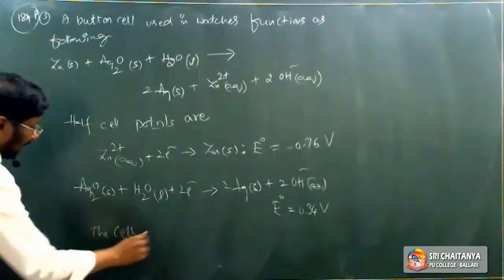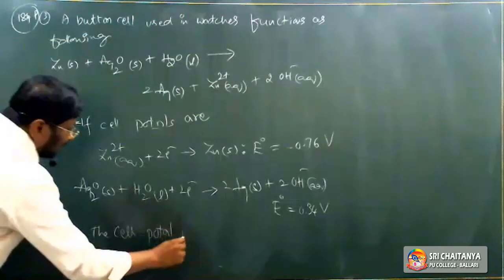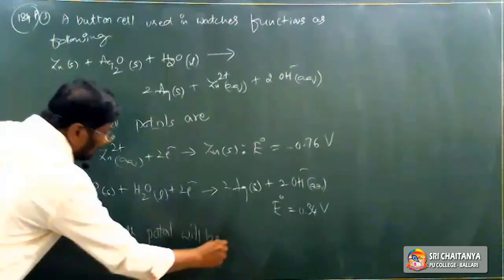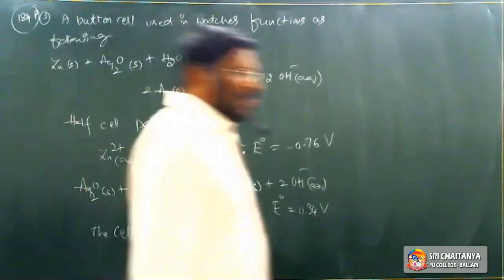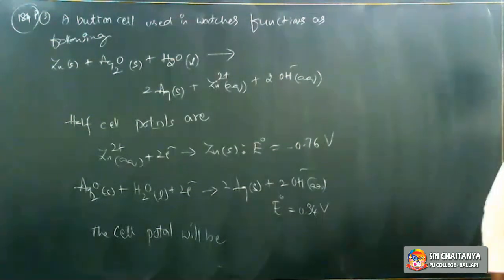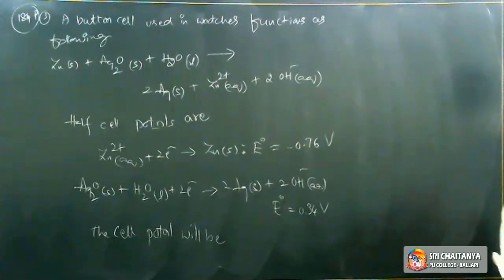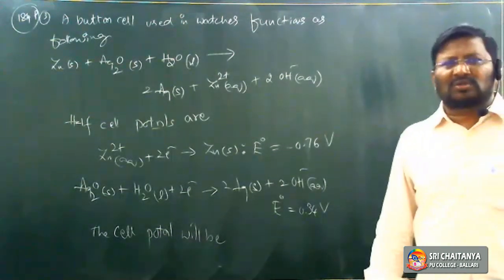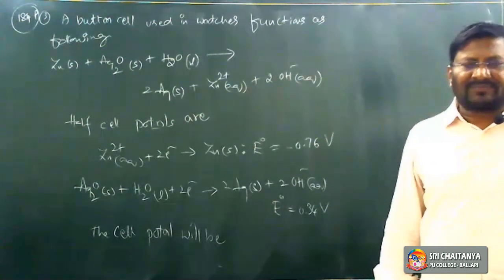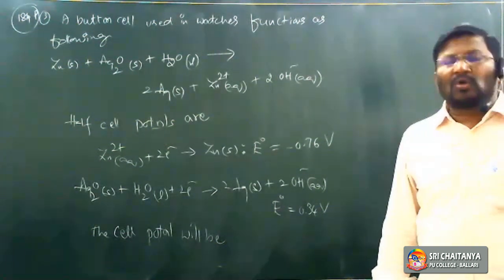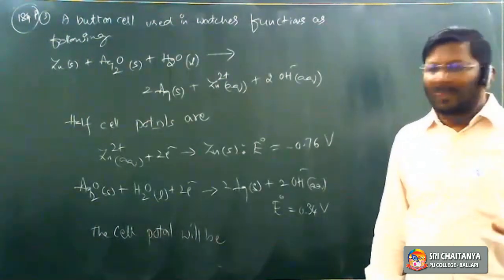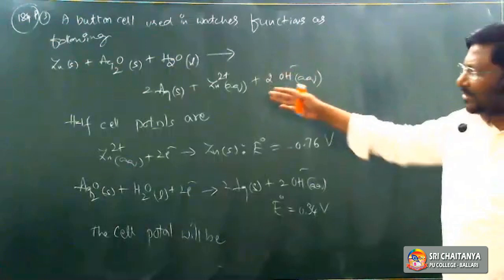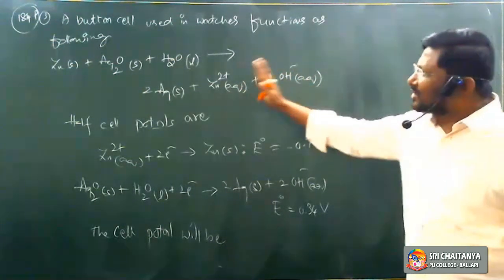The cell potential will be, generally for any cell, we need a minimum of 2 electrodes to construct it, is it not? Now here also the button cell is constructed. This is the cell reaction.